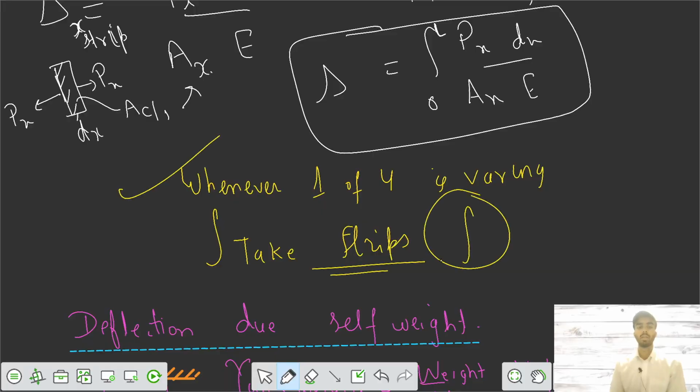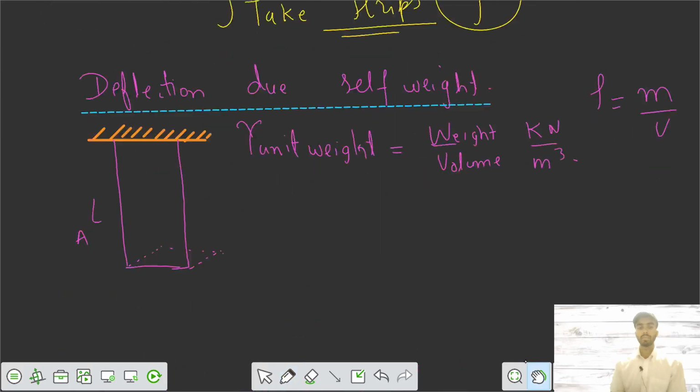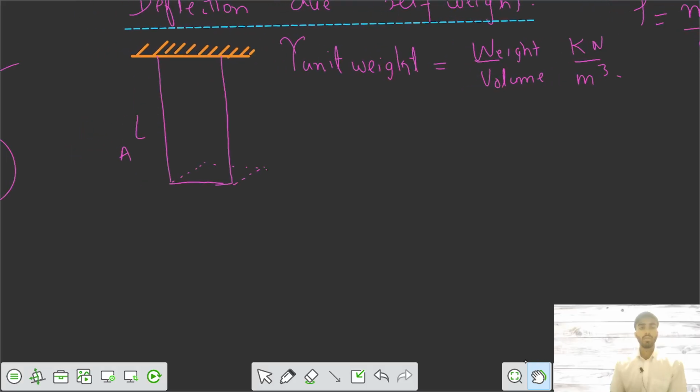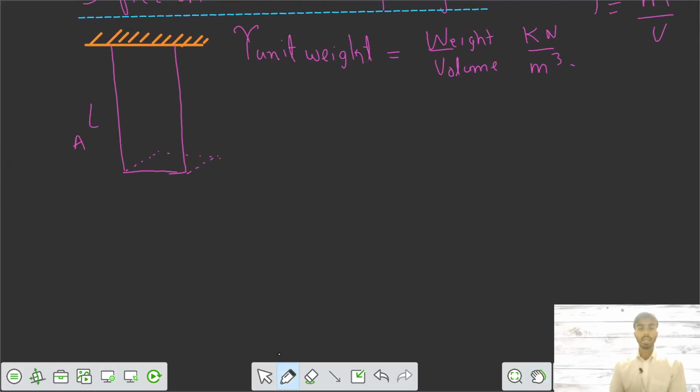Here, we would take a strip at any X. Say here, take a strip dx. Now do the free body diagram, cut the section.